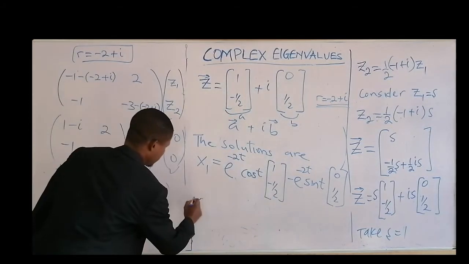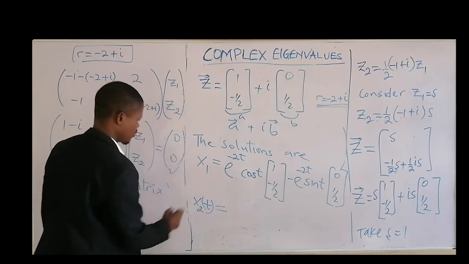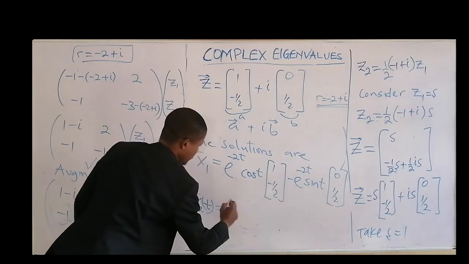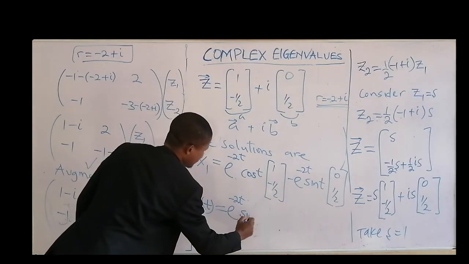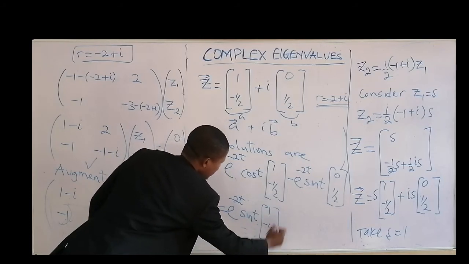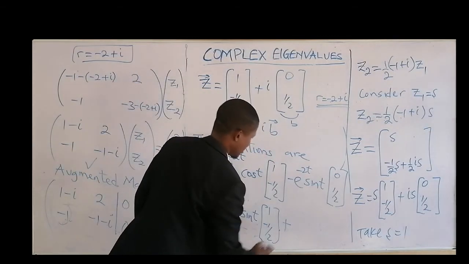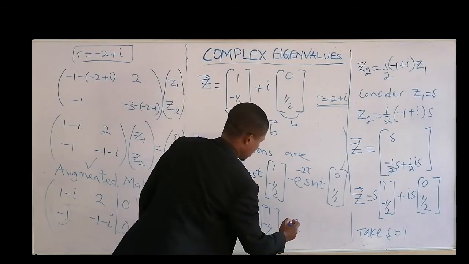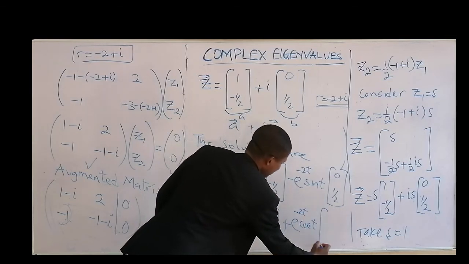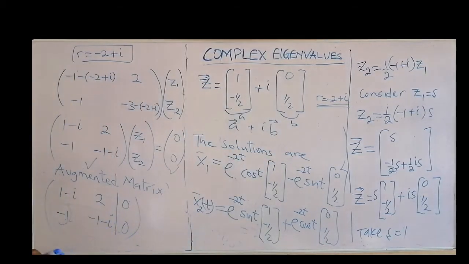And the second solution, the second function of t, you start from here: exponential minus 2t sine t, then your a, that's 1, minus half, then plus exponential minus 2t cos t, then 0, half. So that's the solution for this.